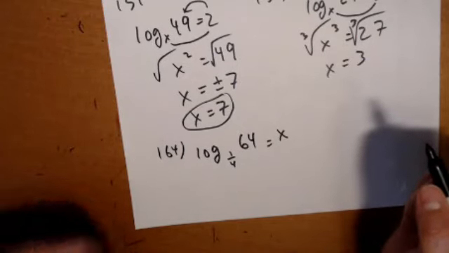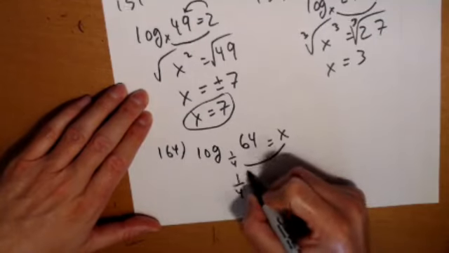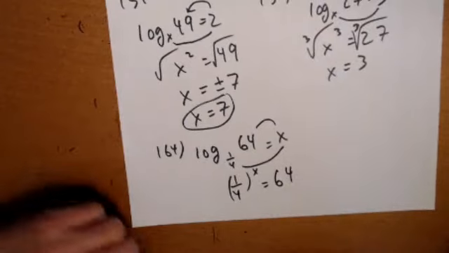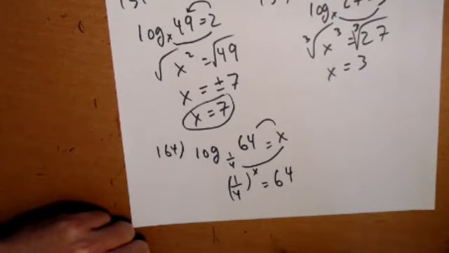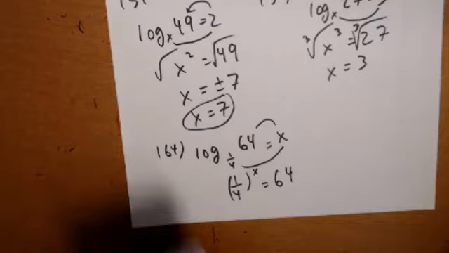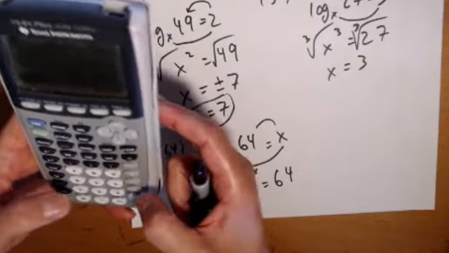Ooh, tricky. 1/4 to the x power is 64. Isn't 64 4 times 4 times 4? Only our math teacher. 4 times 4 times 4.